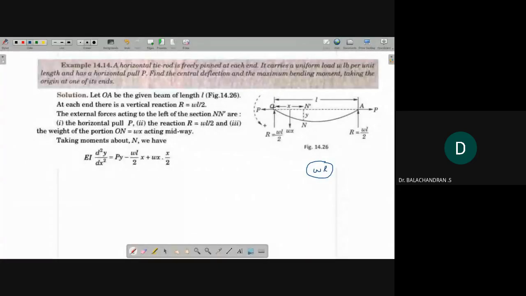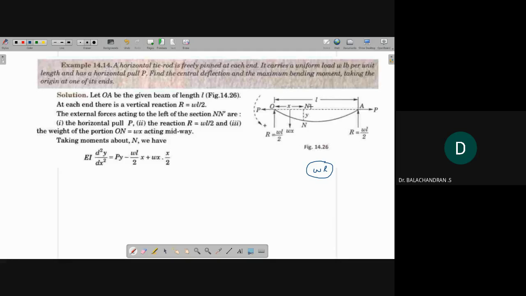The reason is, from O to N dash, the total length is X. So in this ON dash, the total weight is omega X, because you know omega is per unit length.